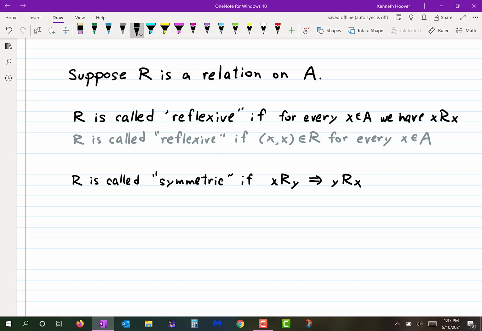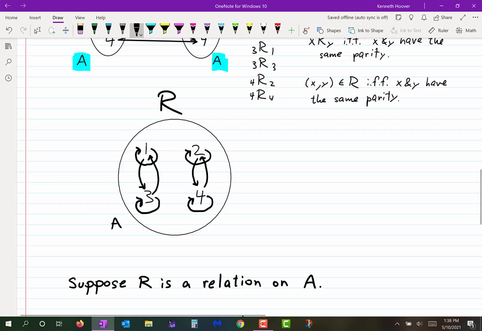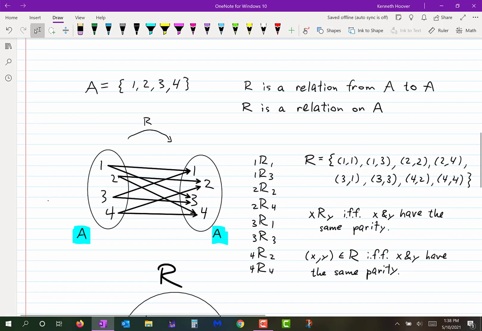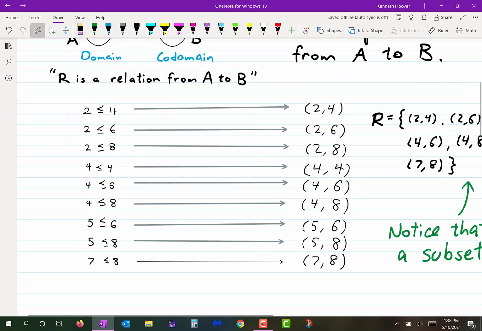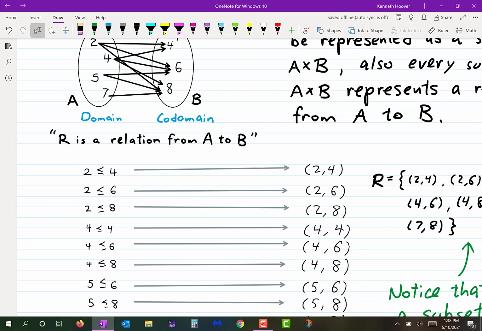Remember, when we say a mathematical relation, it does not necessarily work in both directions. Remember this one up here. Let's look at the first example.